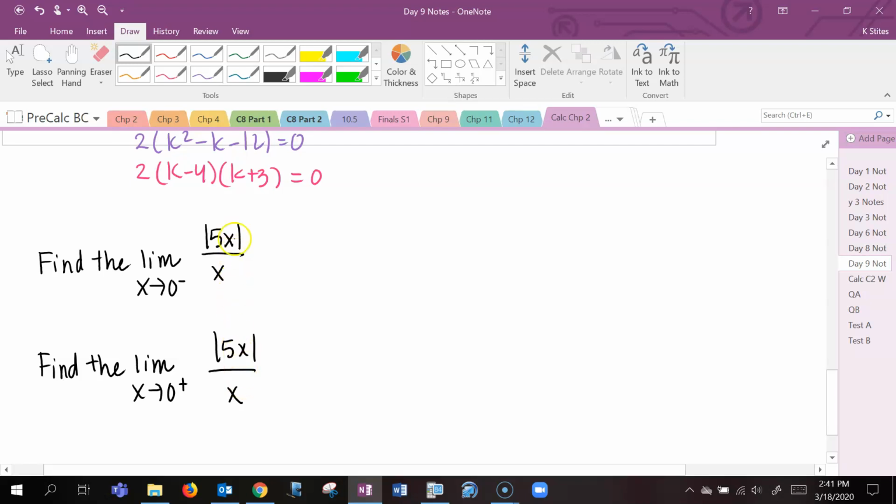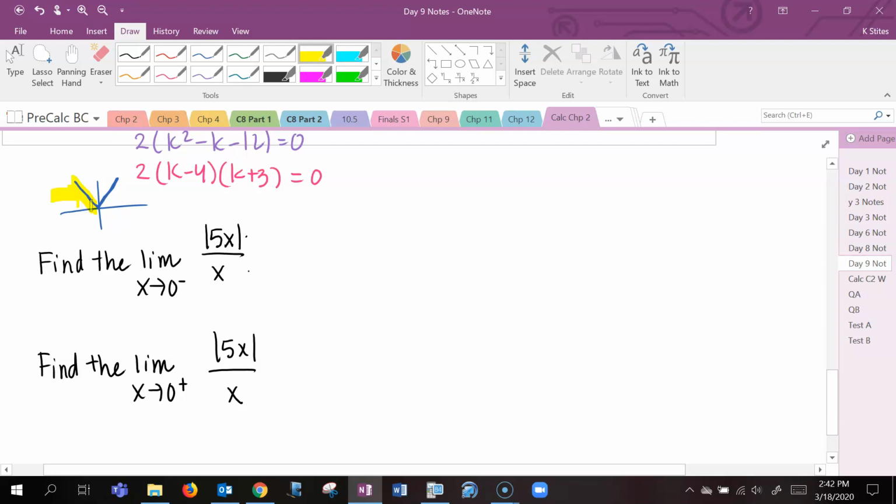All right, so here's basically how you're going to do this. You're going to treat this as two different graphs. Think about the top and the bottom separately. You know that absolute value of 5x is going to look like this, right? If we're approaching 0 from the left, that's dealing with over here, this branch.